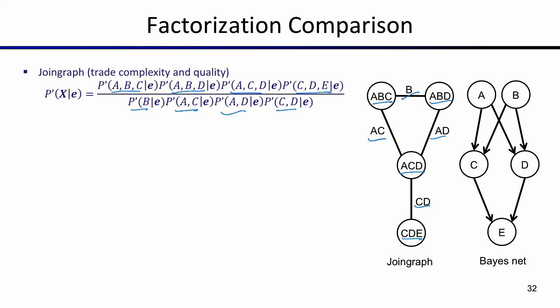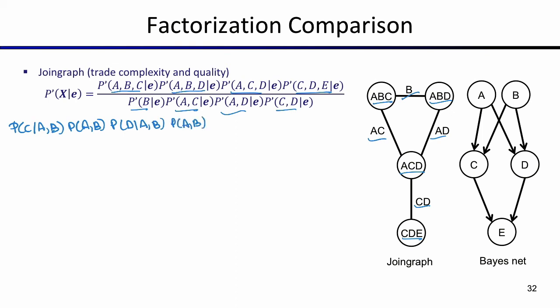So let's see if we can turn these into factors that correspond to the factorization that we get from the Bayes network. So we have this probability of ABC, but what I want is the probability of C given AB. So I can write it like this: C given A and B, times AB. We have ABD, but what we want is the probability of D given A and B times the probability of AB.